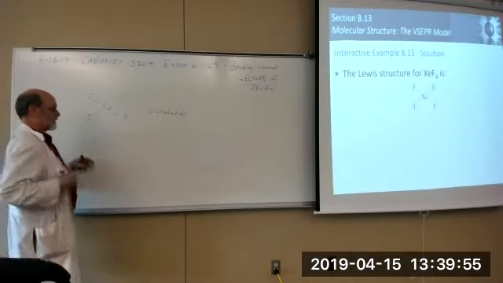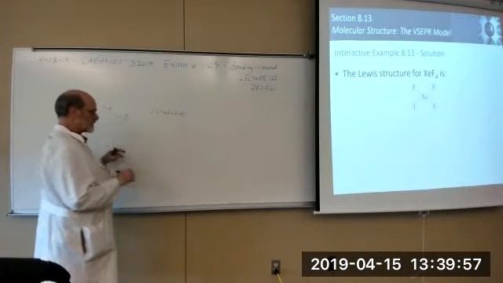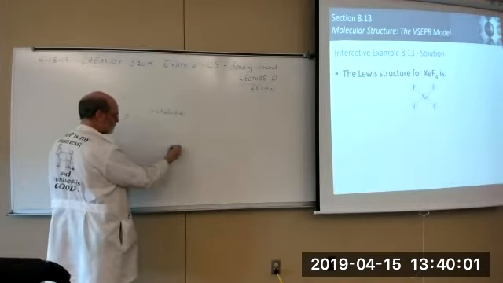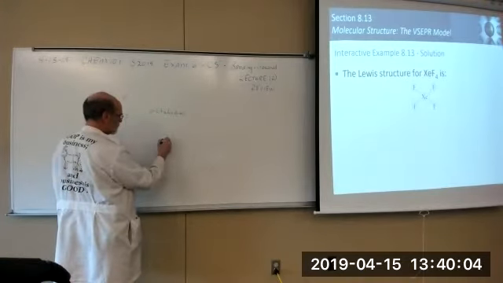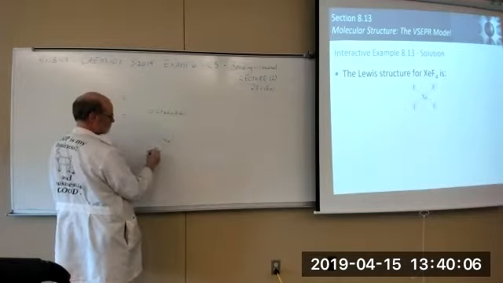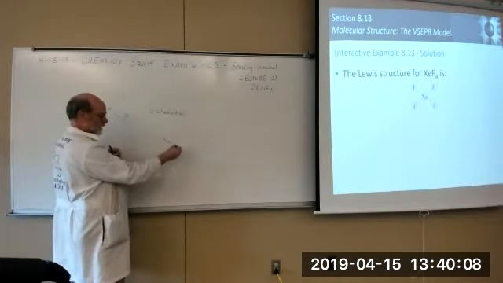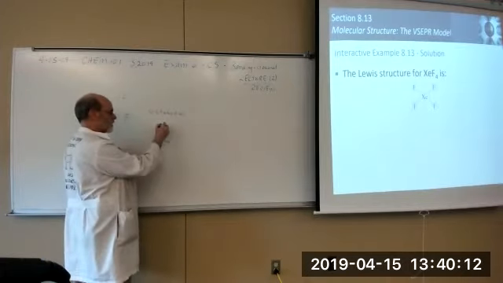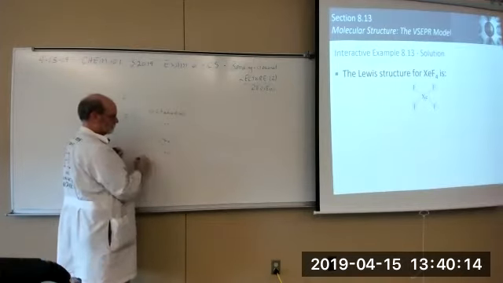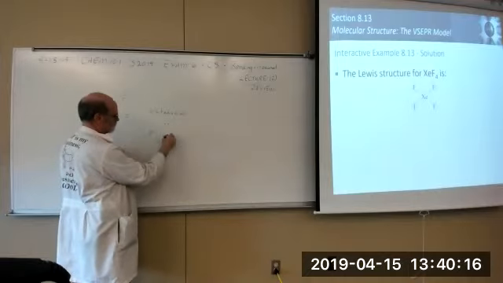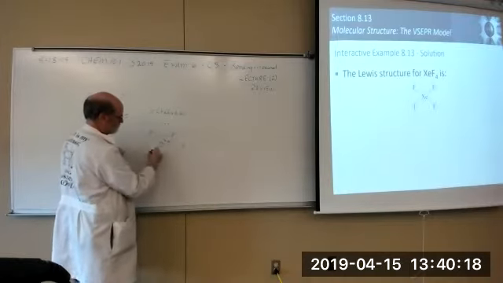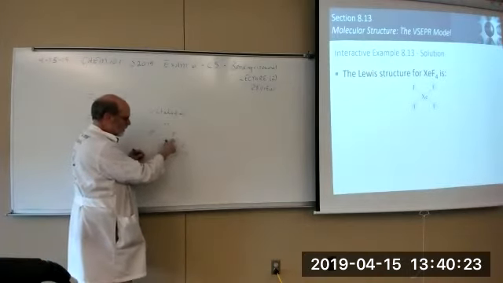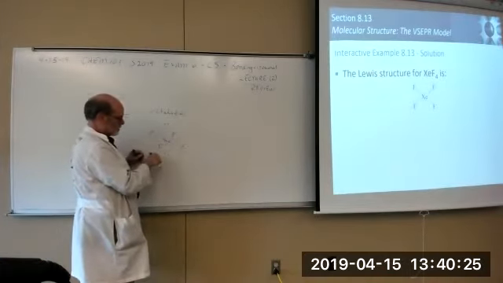Well, it's not as simple as that, because it just depends on where you put the lone pairs in your octahedron. Right? Do you put the lone pairs around on the square, or do you put the lone pairs up here, like that? If you put the lone pairs around here, they're 90 degrees from each other.